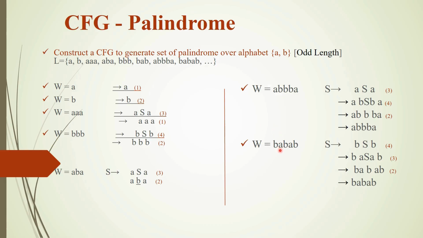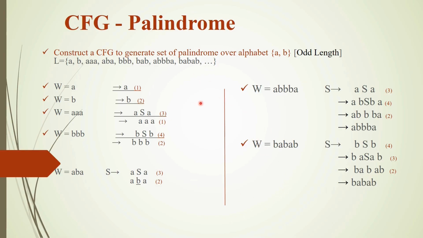Then I need a, so I use the third expression as the substitute for S. Then I need b as the middle one, so I substitute my second expression for S. Here you can see my reference expressions and the string is generated.